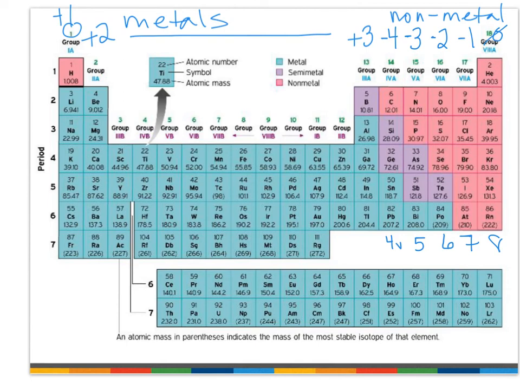You can write these charges on your periodic table in your textbook, and therefore when you are looking at ionic compounds and you want to know the charges, it's easy. You just have to find the element and then look to see what group it is in, and because you've already written the charges, you know that all of group 1 has a charge of positive 1, all of group 2 has a charge of positive 2, all of group 3, positive 3.